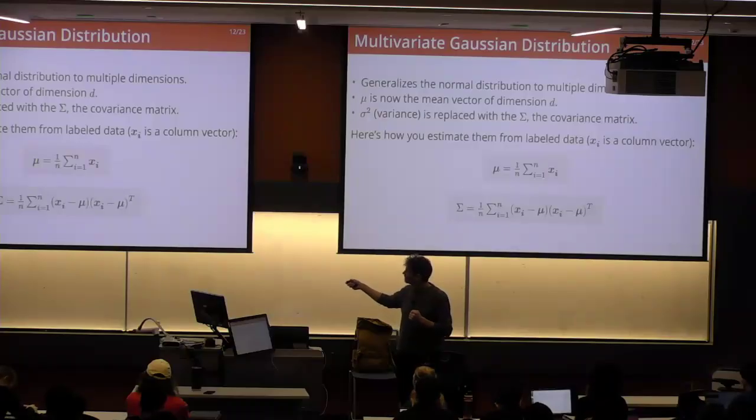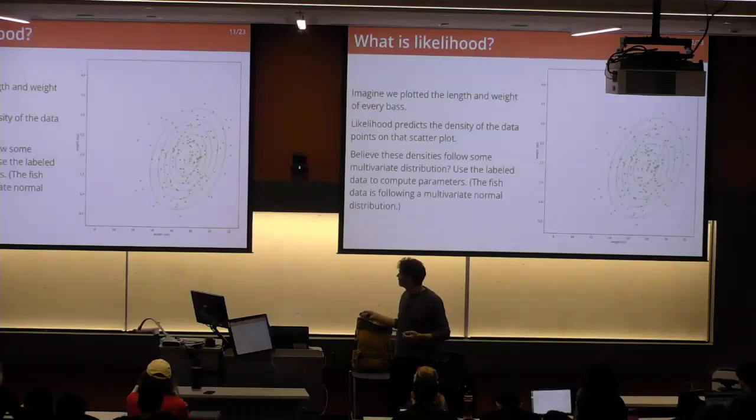And so what you're going to do is add together all the vectors of a given class. So in this case, this vector would be the height, the width, and length. You'd add all those vectors together, you divide by n, and you get this mu vector, which is the vector in the middle. So in this diagram, this center point right there, that would be mu. It's not a number, it's actually a vector. And this is a two-dimensional vector, so it's pretty easy to see. But it'll be right there in the center.